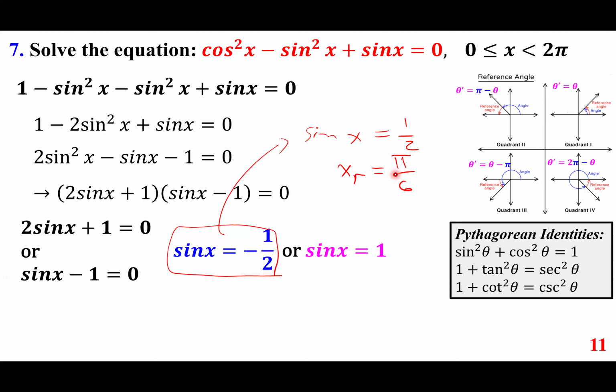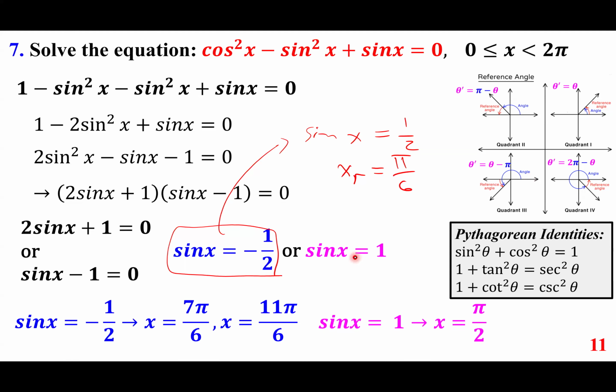In the fourth quadrant, subtract pi over 6 from 2 pi. So when sine x is negative 1/2, we have those answers. Sine x equals 1 has only one answer, pi over 2. If by any chance they say solve and they don't give you the interval, you have to say plus 2n pi to each answer.